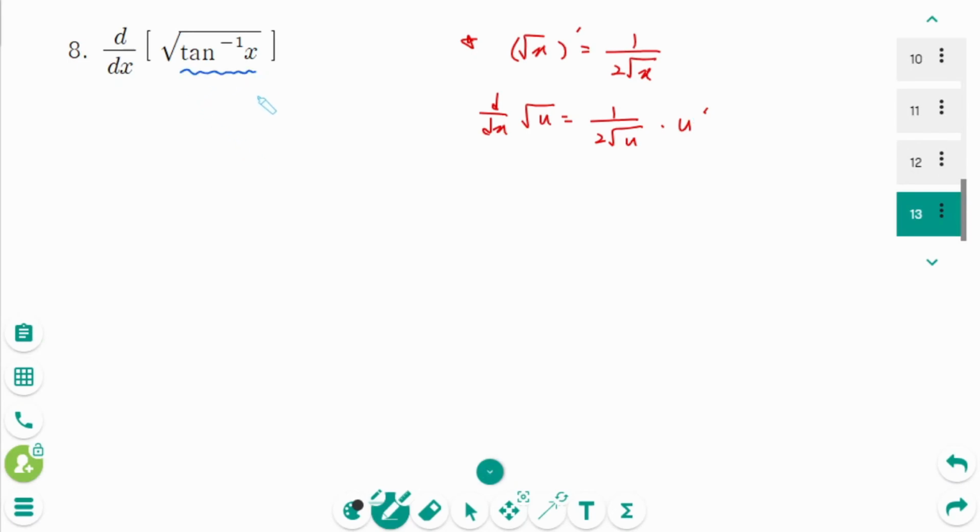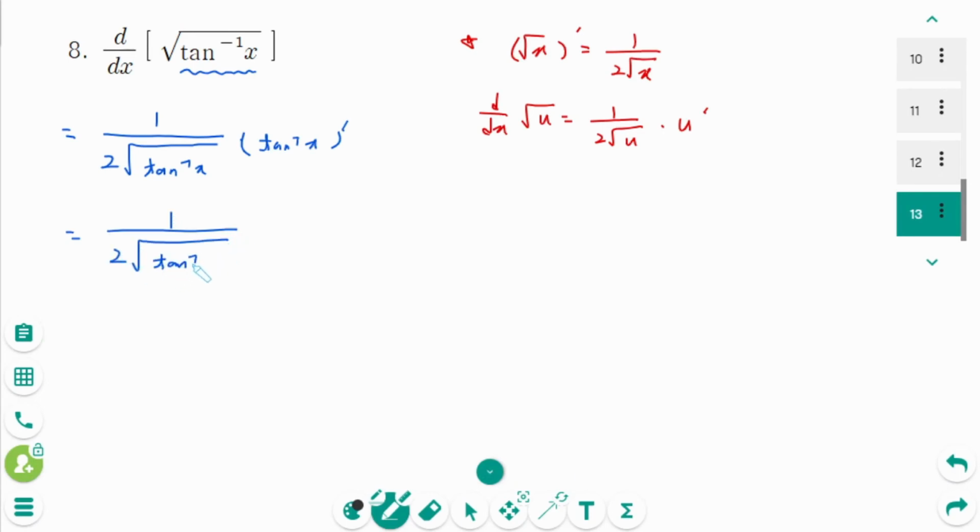Then the inner function u is arctangent of x, so 1 over 2 square root of arctangent of x times arctangent of x prime equals 1 over 2 square root of arctangent of x times 1 over 1 plus x squared. Then we can rewrite as 1 over 2 square root of arctangent of x times 1 plus x squared.